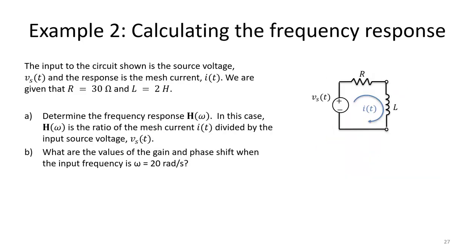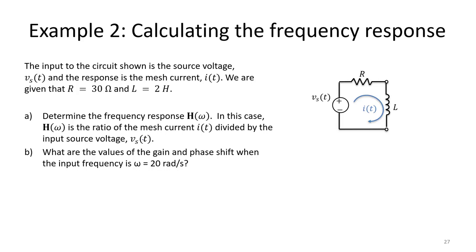Let's go ahead and do one more example of frequency response before we move on. In this example, we are given that the input of our circuit is that source voltage Vs of t. We are told the response is the mesh current I of t. We are also given that our resistance R is 30 ohms, L is 2 henries.